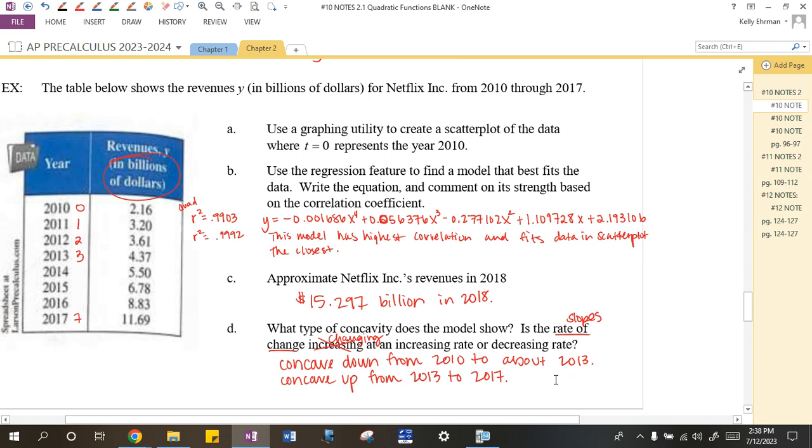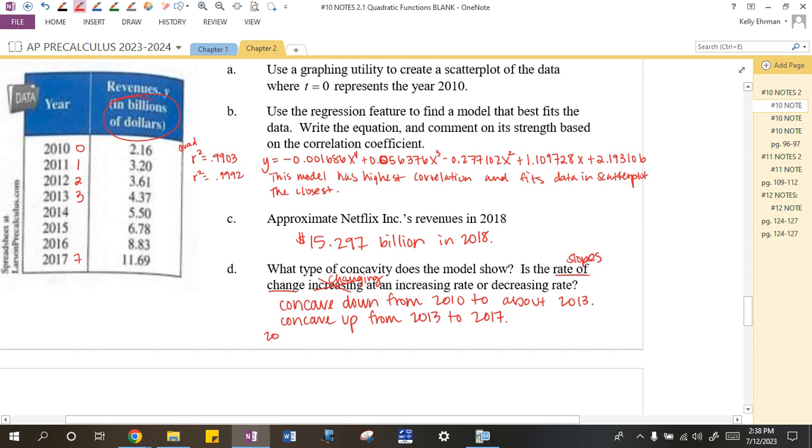So for 2010 to 2013, the slopes, or the average rate of change, is decreasing. Concave down always means decreasing. And then from 2013 to 2017, the average rate of change is increasing. Concave up always means increasing.